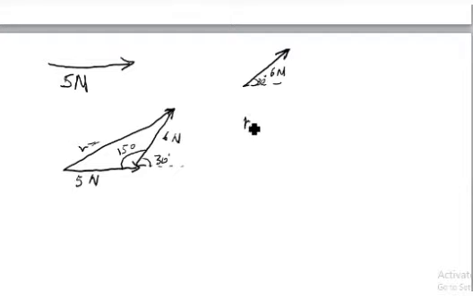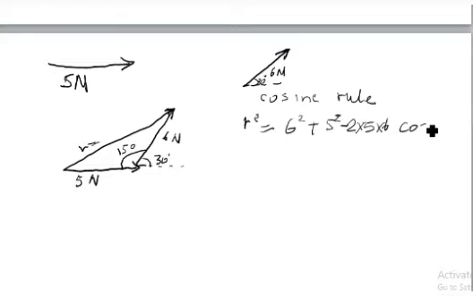The cosine rule states that R squared equals 6 squared plus 5 squared minus 2 times 5 times 6 cos 150, cos of this angle here.